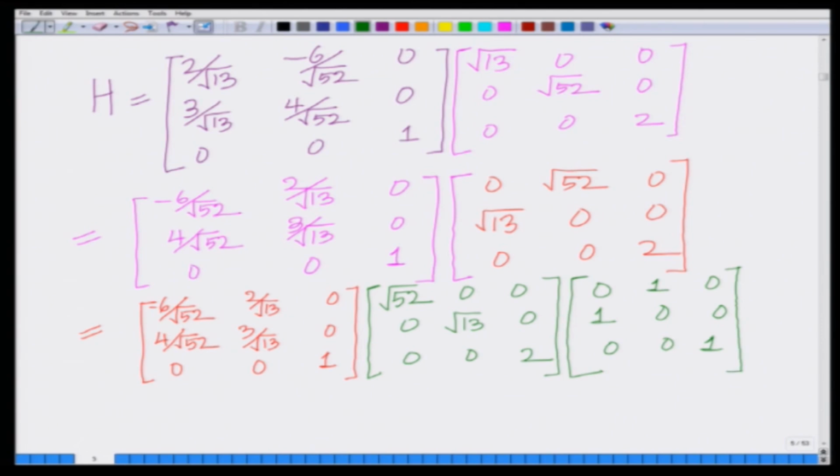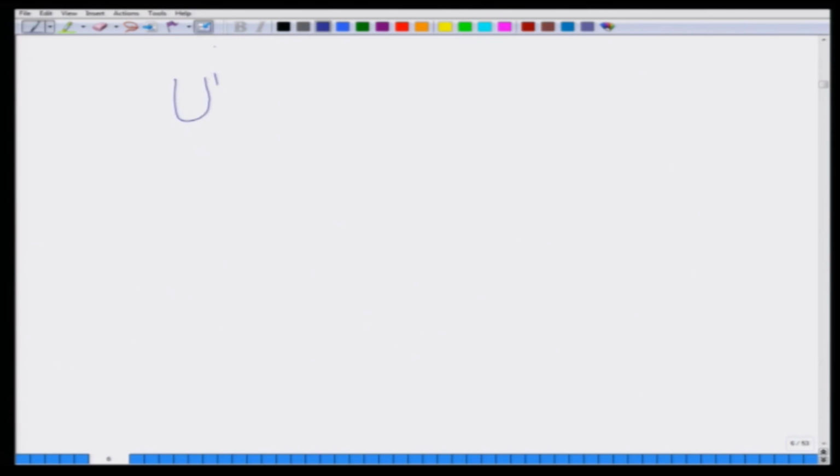So, now you can see I have my matrix U, I have my diagonal matrix sigma which has the non-negative singular values in decreasing order, I have my matrix V Hermitian, and you can verify that the matrices U, sigma and V satisfy the properties.